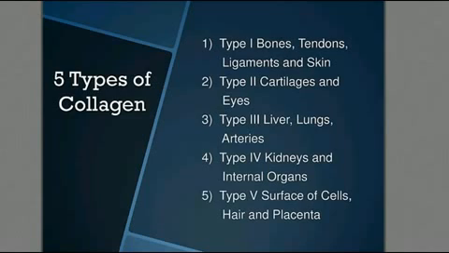So we look at these white fibers under a microscope, collagen fibers. They're called type 1 collagen: bone, tendon, ligament, skin. And if you look at it under a microscope, it's the connective tissue. It's the skin, the tendon, the bone. Type 2 is cartilage, which is white collagen fiber.